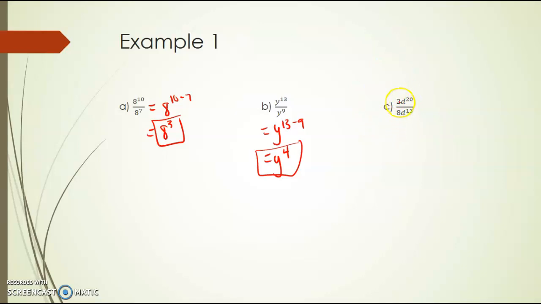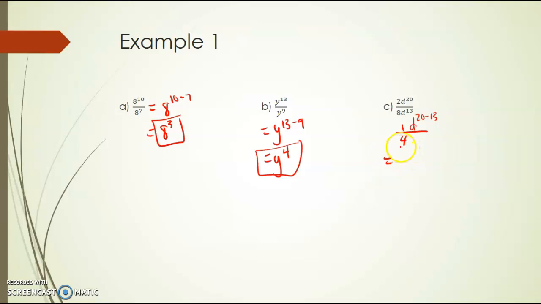Now here, when I'm looking at C, D is my base for my exponents. The 2 and the 8 are their own, and I am going to simplify them. 2 goes into both 2 and 8, leaving me with 4 on the bottom and 1 on the top. Then we're going to do D to the 20 minus 13 on top, because we're always going to do top minus bottom, at least at this point.